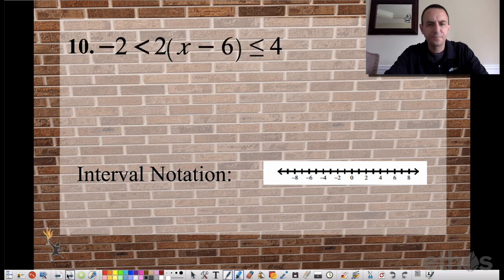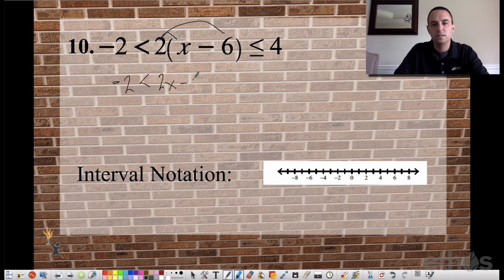Our last type comes through here with a distribute. So 2x distributes. Now you don't distribute all the way across the other side, just to inside the parentheses, so it's -2, and then we have 2x minus 6, and 4. So we're going to add 6 to all 3 sides. So we get 4, 2x, and then we'll get 10.